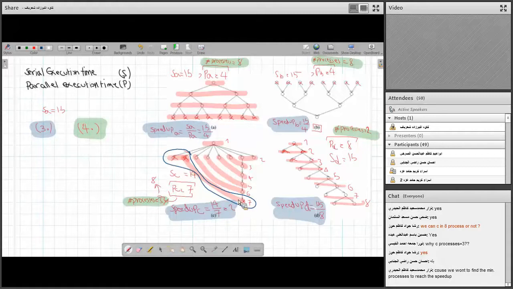Therefore, we require 3 processes to do these tasks concurrently. Okay?